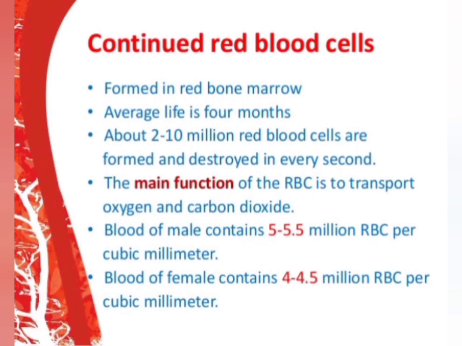So RBC shows the transportation property of oxygen and carbon dioxide because of having hemoglobin. And as I told you, RBCs don't have a nucleus, so because of that RBCs accommodate a maximum amount of hemoglobin. The blood of males contains 5 to 5.5 million RBCs per cubic millimeter, and on the other hand the blood of females contains 4 to 4.5 million RBCs per cubic millimeter of blood.